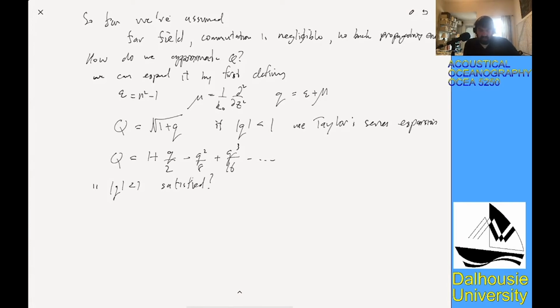Well, let's start with a solution we know. Consider a plane wave. Right? If psi were just e to the i kr plus or minus kz z.